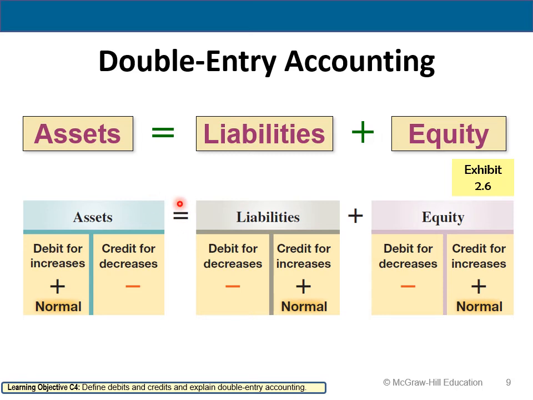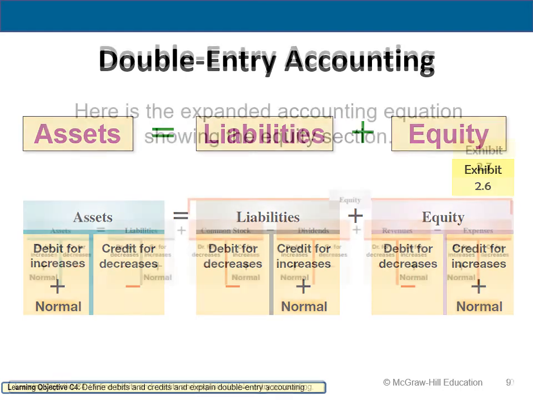On the other side of the equals, for liabilities, normally if you look at a liability account, you're going to see a credit balance. So the normal balance for a liability is a credit, and we increase liabilities with credits. All right. Similar goes for equity. All right.